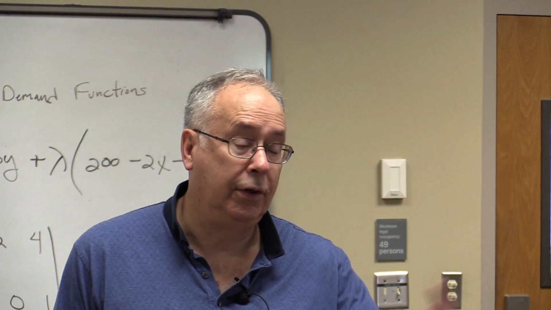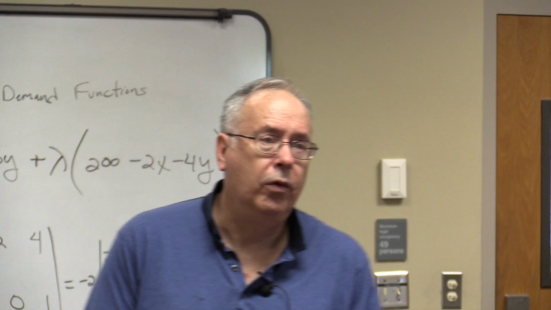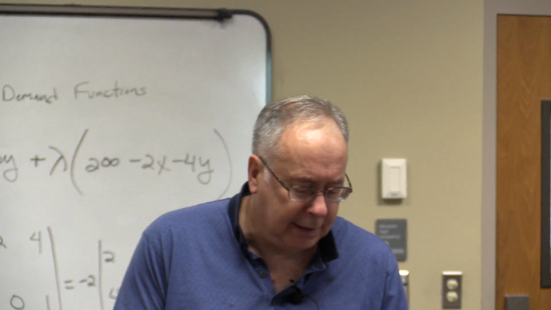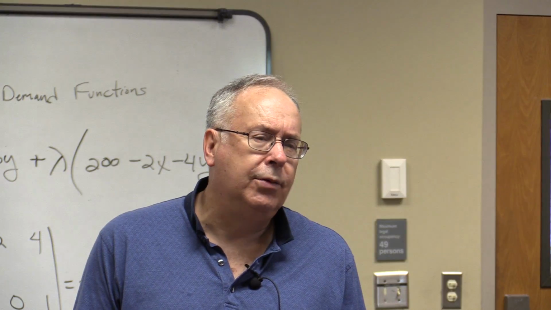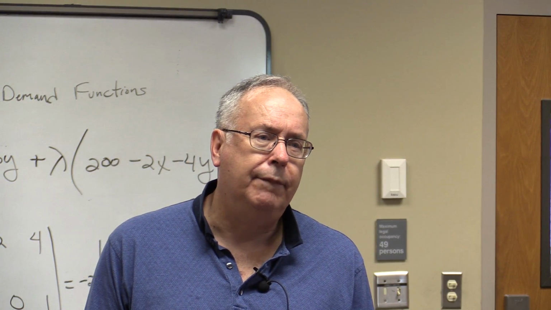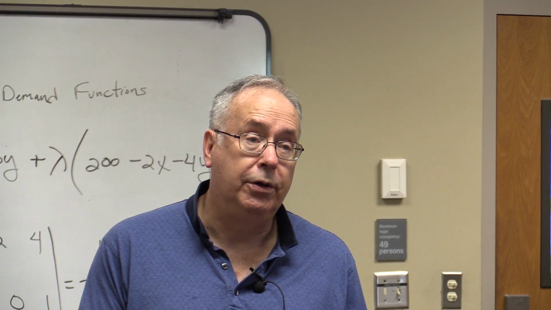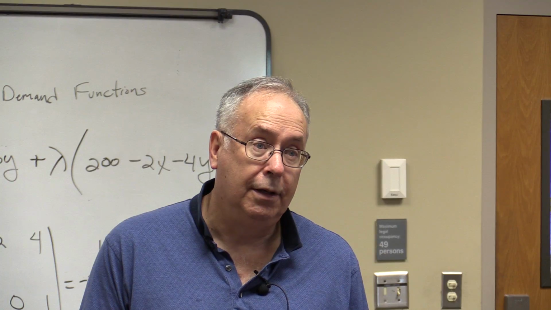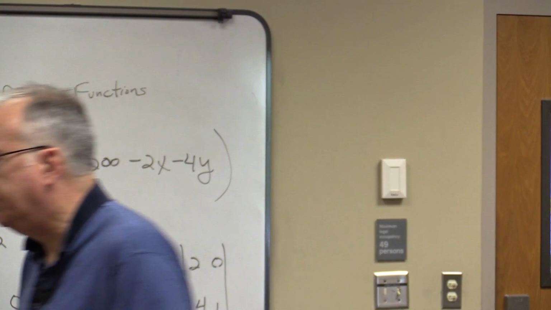It didn't? Okay, so that would be an example. In this case, utility is x times y. X and y both have the same exponent. That's why you're getting that midpoint as the optimal solution. But if those two exponents on x and y are not the same, then you get a different result.